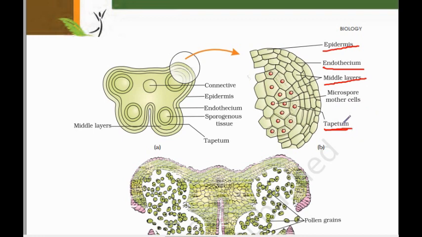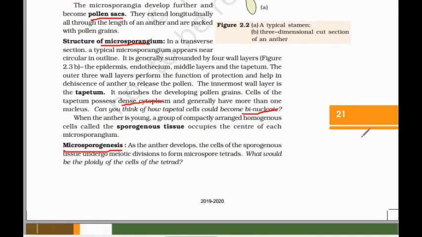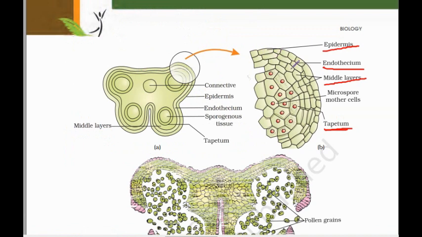You can also say that duplication of the chromosomes occurs, resulting in the formation of more than one nucleus. So they become bi- or multinucleate only because of this. This microsporangium is surrounded by four layers, and the innermost layer is the tapetum, which provides nutrition.